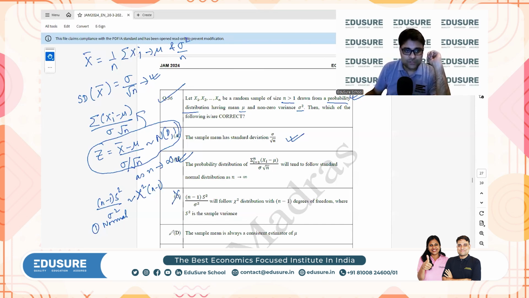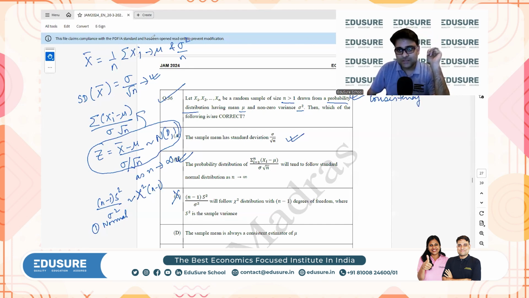Now let's take a look at option D. The sample mean is always a consistent estimator of mu. Now, let's talk about option D. An estimator is said to be consistent. So what is the definition of consistency?